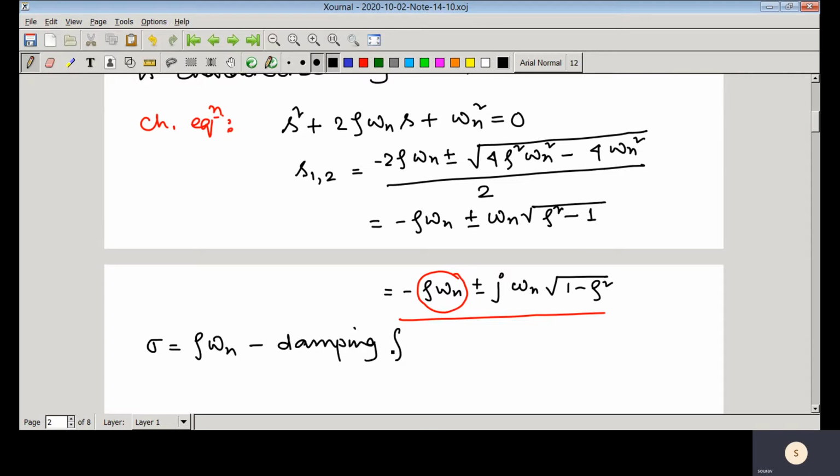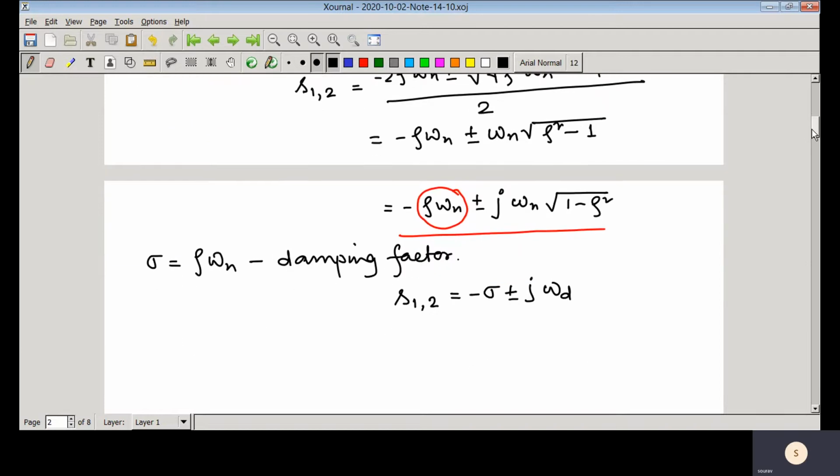So then the two poles become s1,2 equal to minus sigma plus minus j omega d. So now you can see that there is another term defined as omega d. So this omega d is omega n into under root 1 minus zeta square. So this particular term is called that damping frequency.